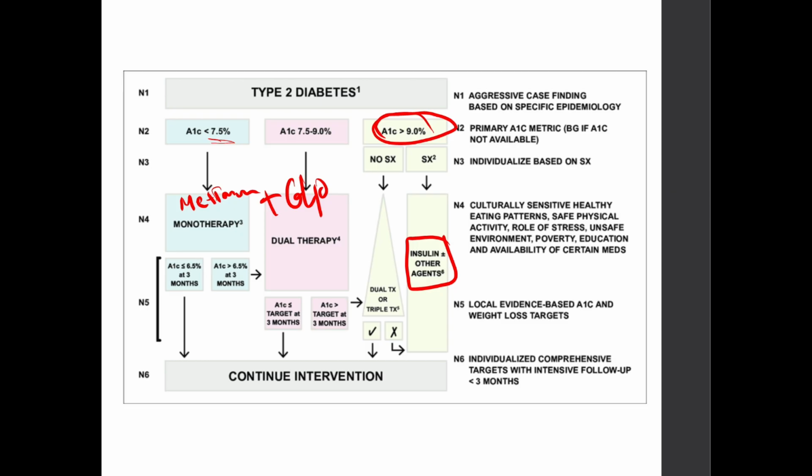We give a high dose, trying to decrease hemoglobin A1C. Okay, so this is important. They may bring a case with type 2 diabetes in the exam and give you a hemoglobin A1C more than 9. They ask you what's the next step. Insulin, not oral anti-diabetic. Okay, common question in the exam, especially in Step 2.